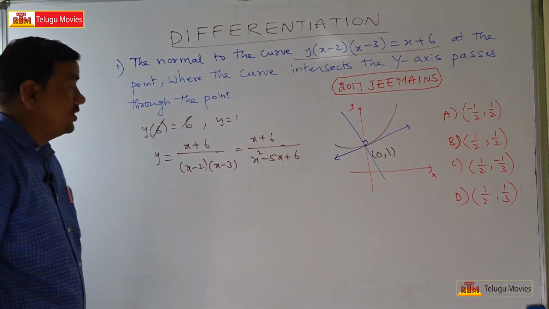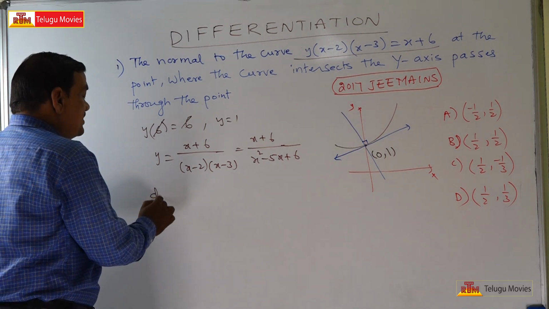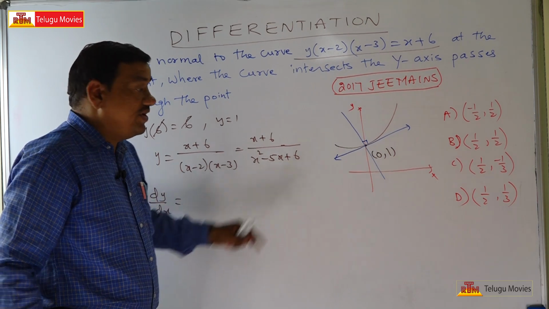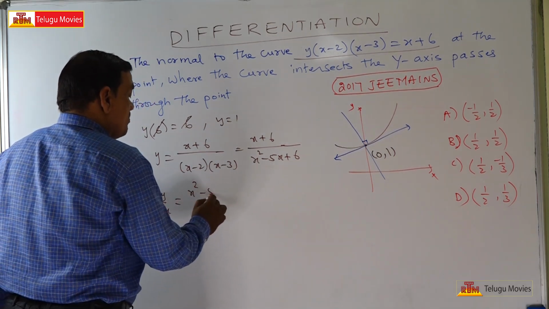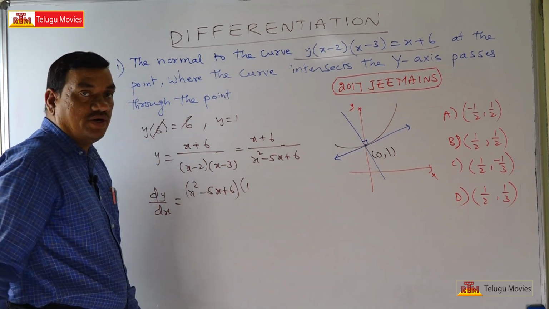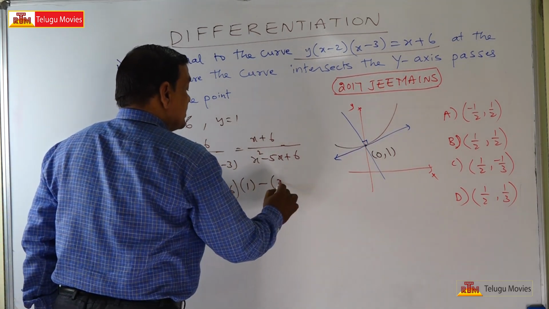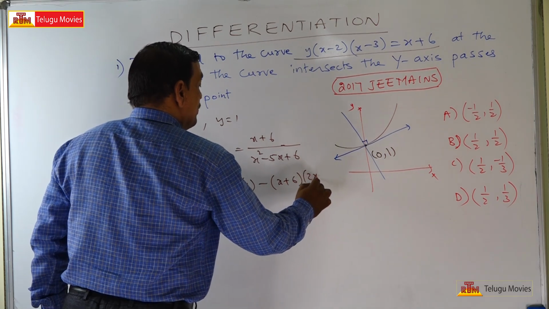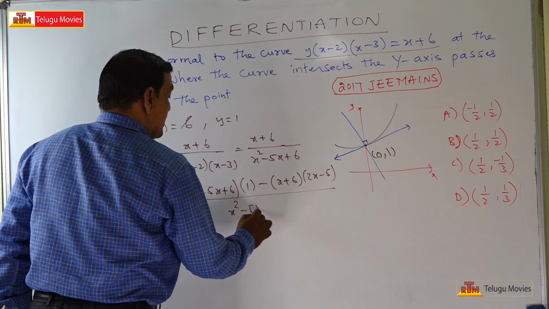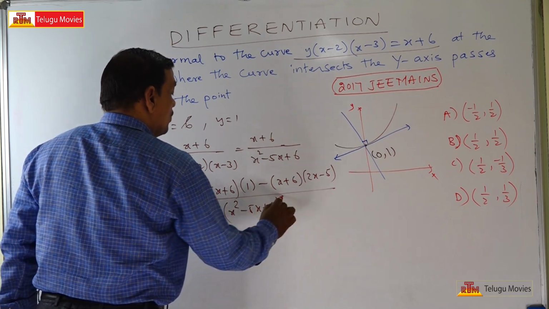First we have to find dy by dx. This is the u by v formula: (x square minus 5x plus 6) into the derivative of x plus 6, which is 1, minus (x plus 6) into (2x minus 5), whole divided by (x square minus 5x plus 6) whole square.